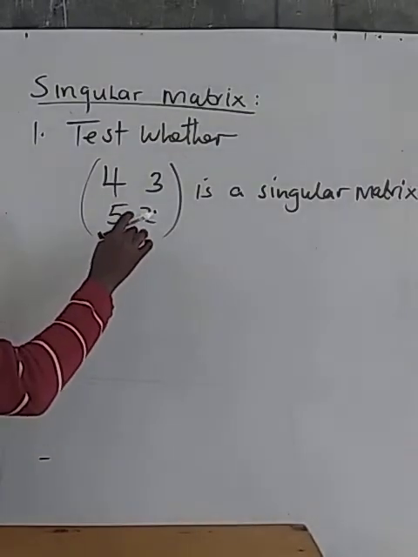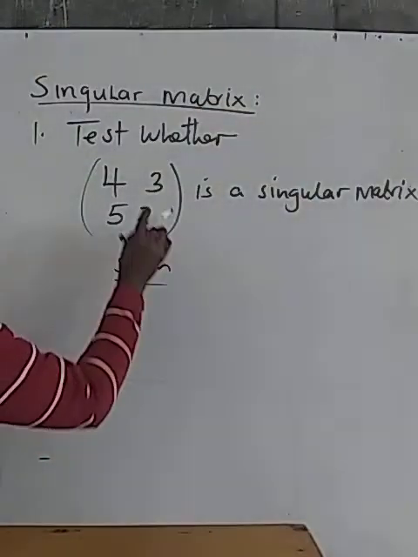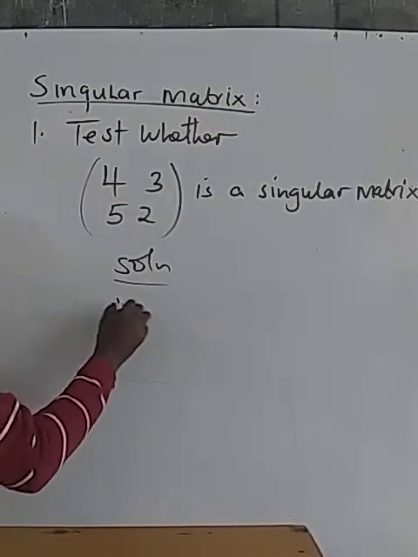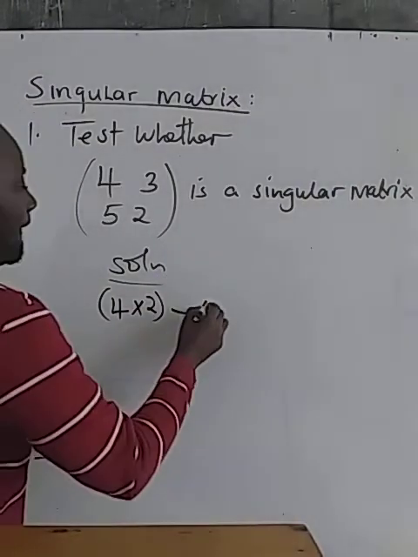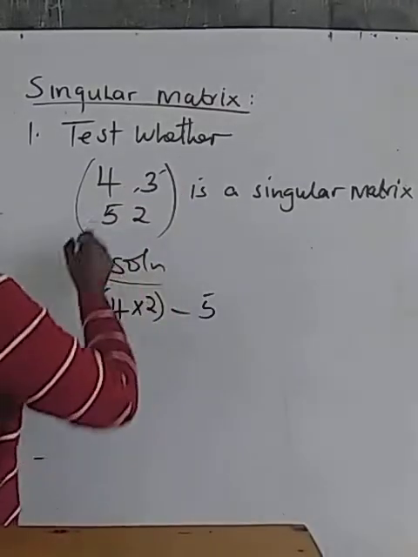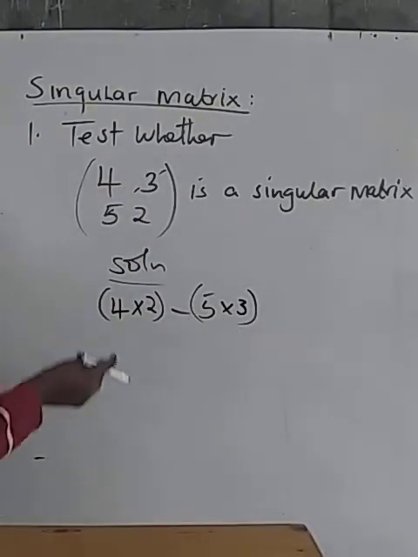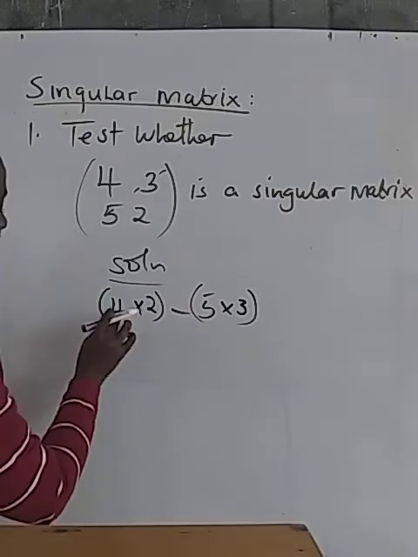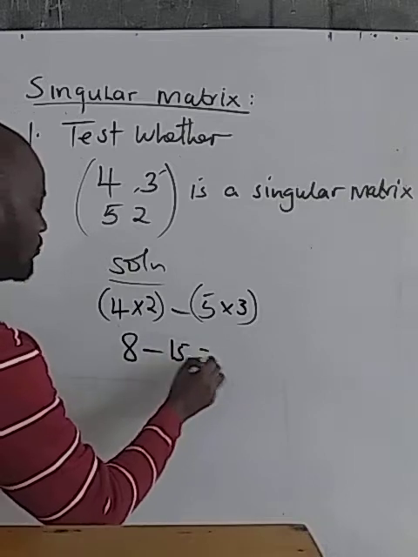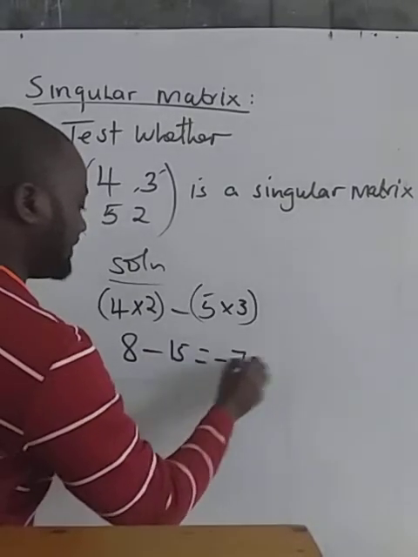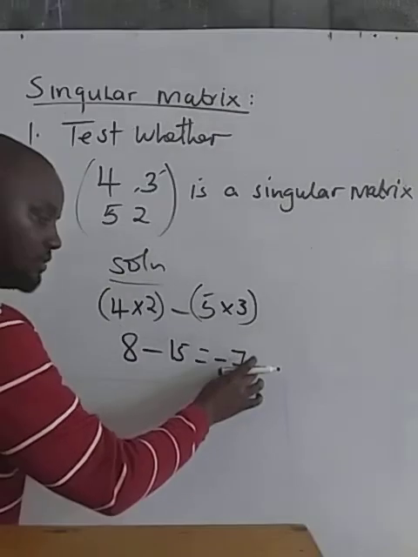Now, if it is a singular matrix, the product of these elements, 4 times 2, minus the product of 5 and 3 should give you 0. This is 8 minus 15, which is minus 7. Minus 7 is not 0.